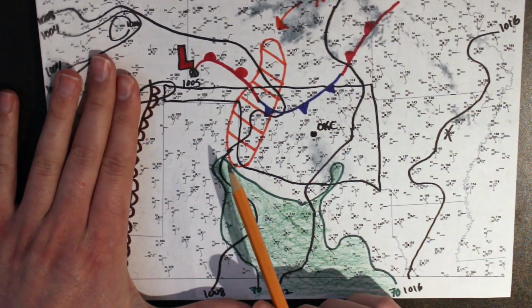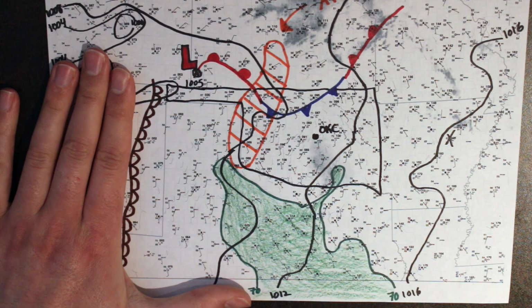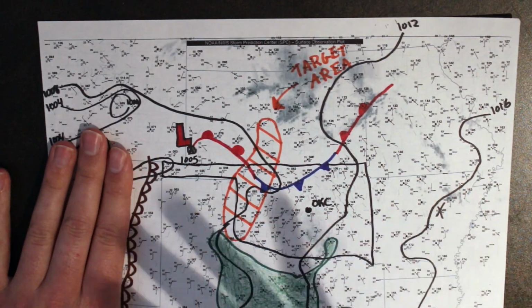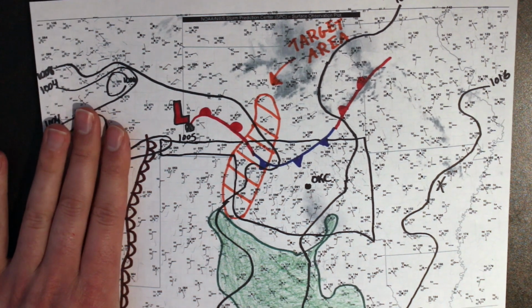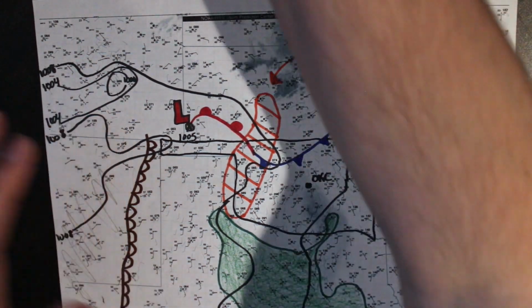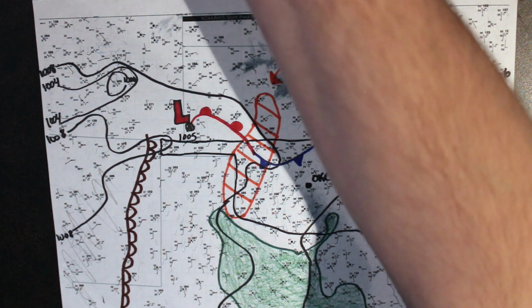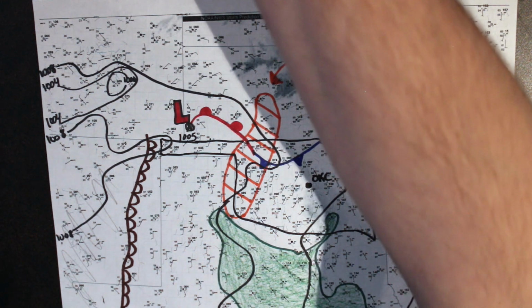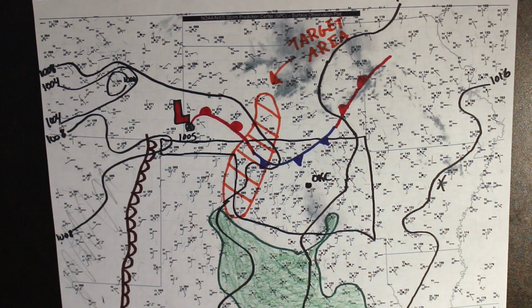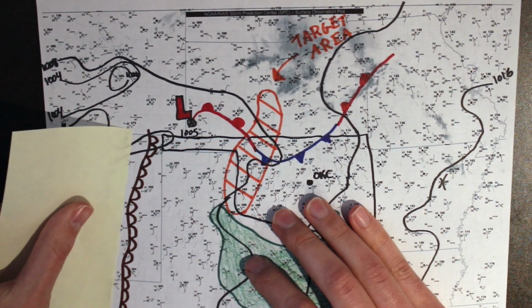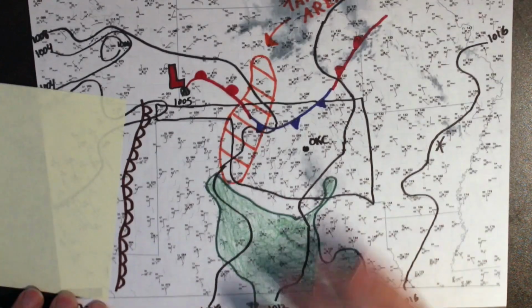Therefore, you can take that out as your target area. Now, you need to do this in your head, but I'm going to do it like this for now. And you know what? I'm just going to take stickies. This is where the surface map becomes very, very useful, because you want to eliminate, by the process of elimination, where you're not going to end up. So behind your dry line is out.